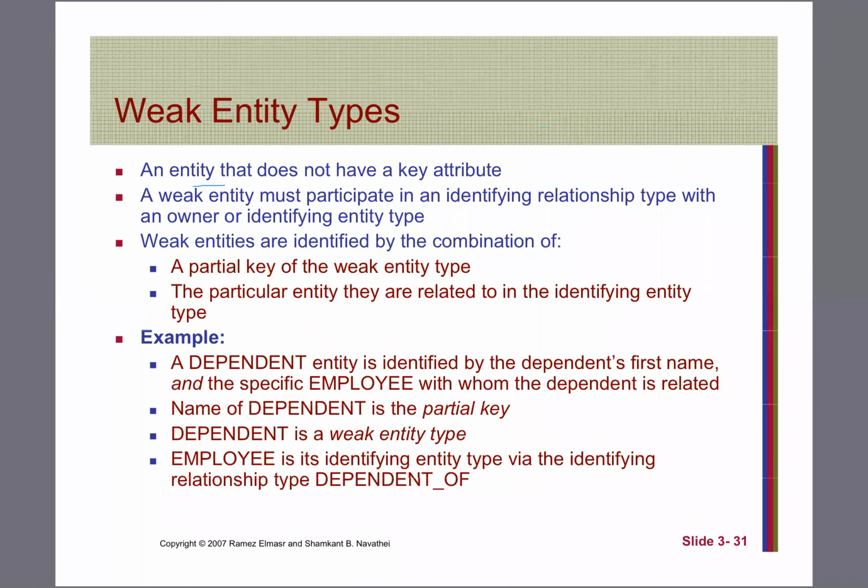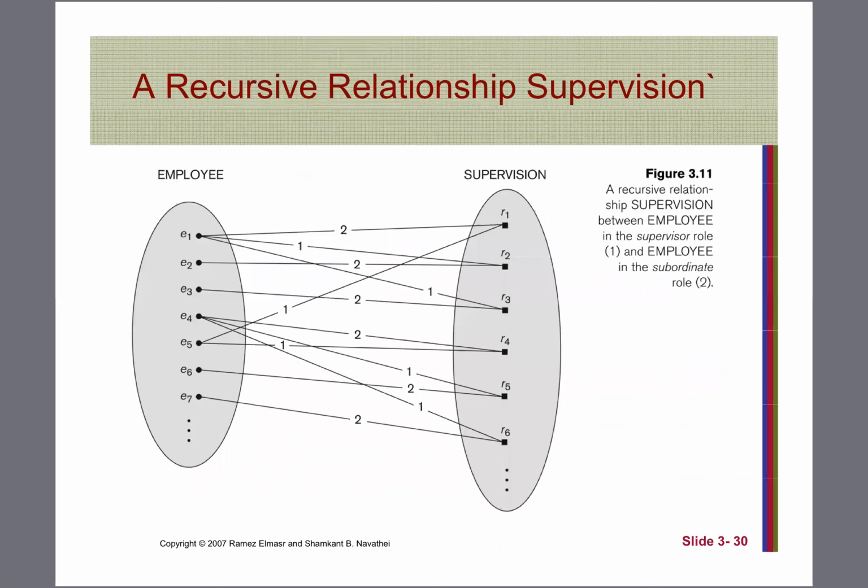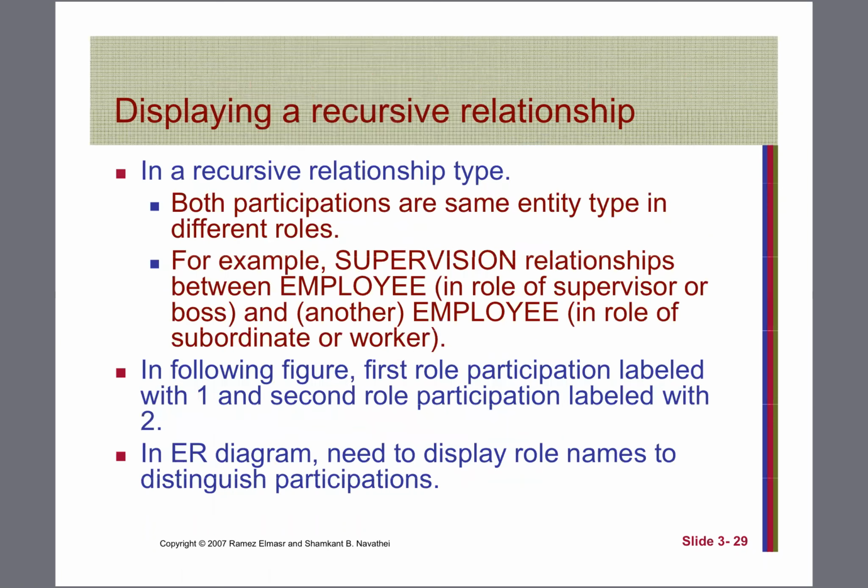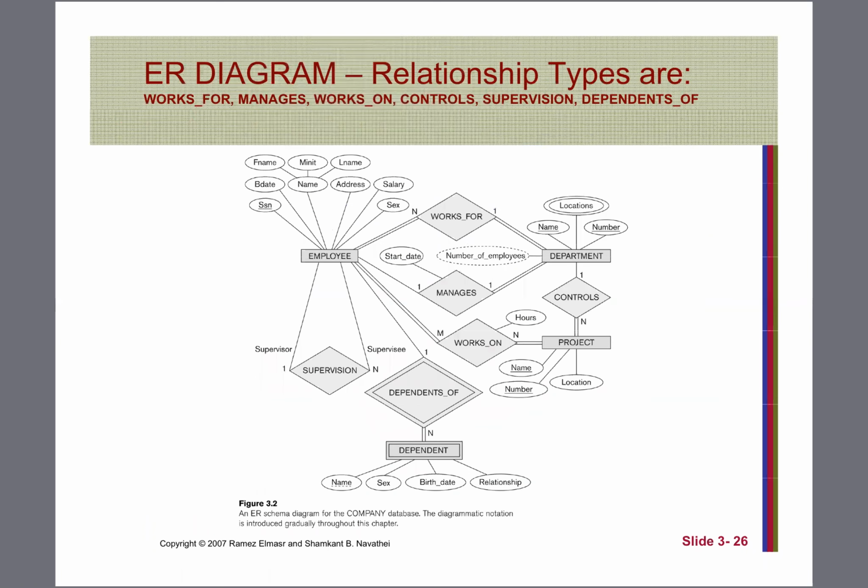Now let me just remind you what kind of table that would be. So let's go back here. So if you can just see the dependent table here, the dependent entity has which all attributes. Name is there, sex is there, birth date is there, relationship is there. Now we do understand that name can be the same for different employees or dependents.